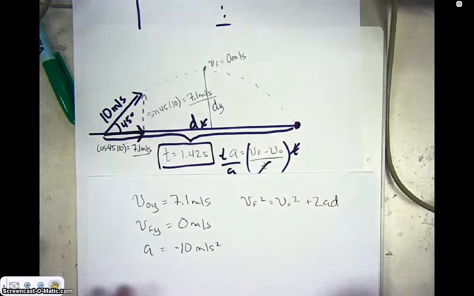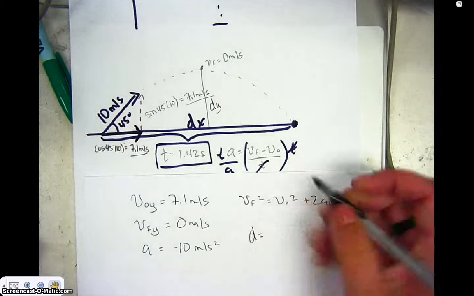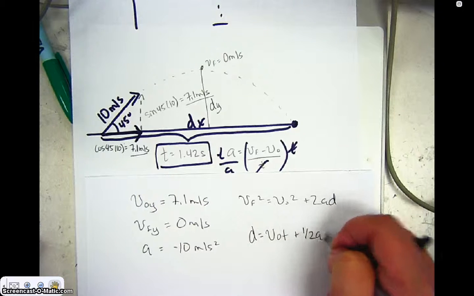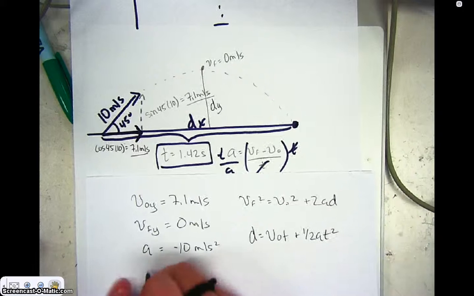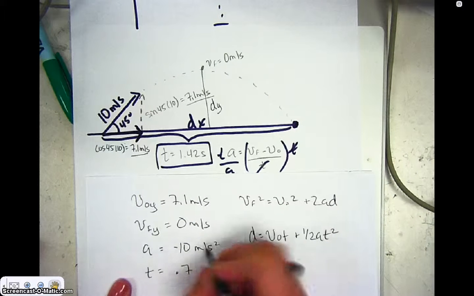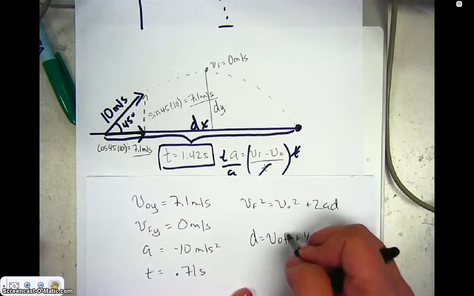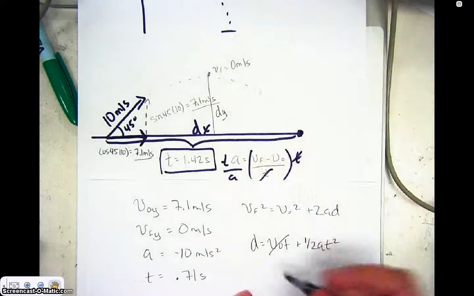Okay, now I could also treat it like a dropping problem, and then I could use d equals v initial t plus 1/2 at squared. Let's do it this way because it'll be a little bit easier, right? I know the time is 0.71 seconds. Okay, so this term will cancel out because now my v initial is at the top and my v final is at the bottom.